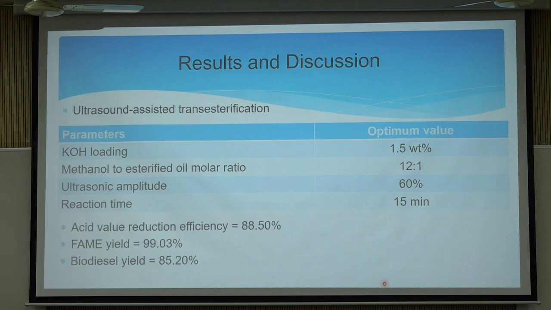Then, in order to commercialize the biodiesel, we need the FAME yield to be more than 98%. FAME yield means that at least 98% of your biodiesel is fatty acid methyl ester, and it cannot have other compounds.